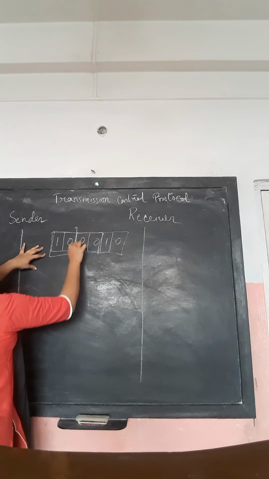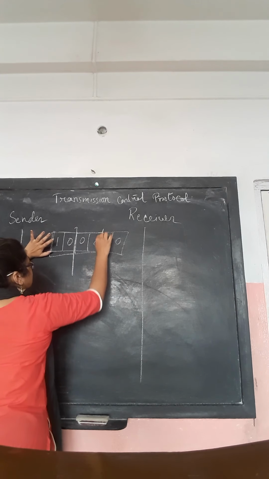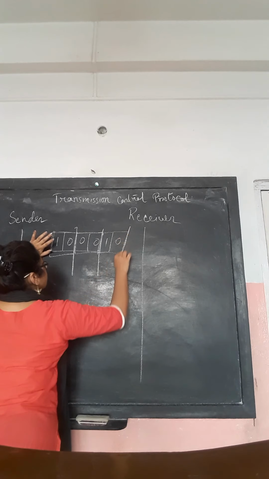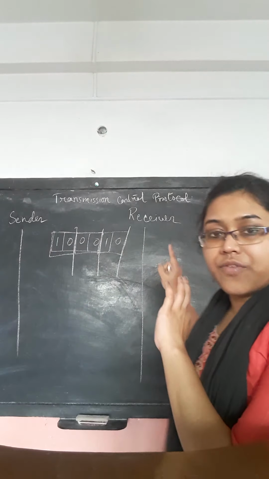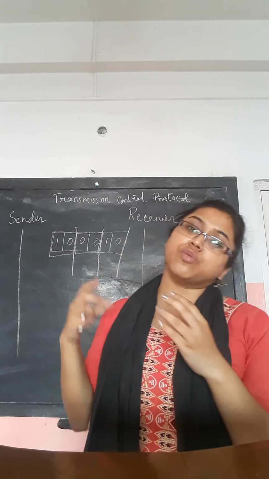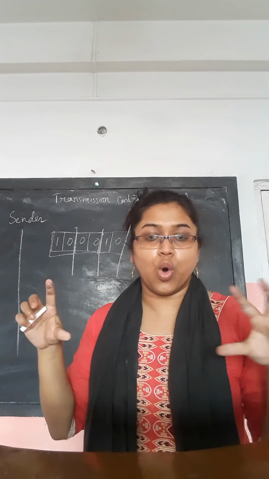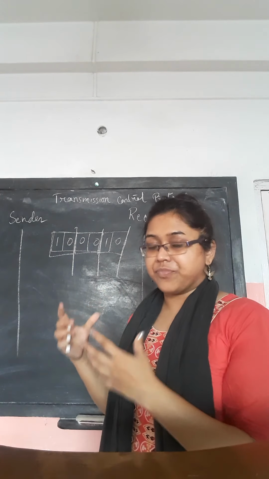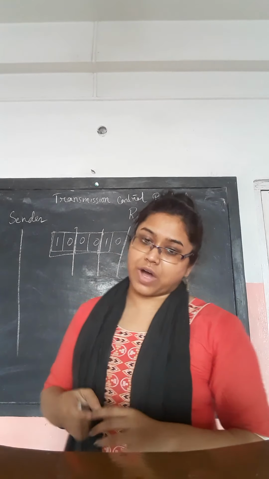So this is a packet of data, this is a packet of data, and this is a packet of data. So the sender will send the data to the receiver packet by packet, not the whole information. The whole information will never be transmitted at the same time. The packets of data will be transmitted one by one.